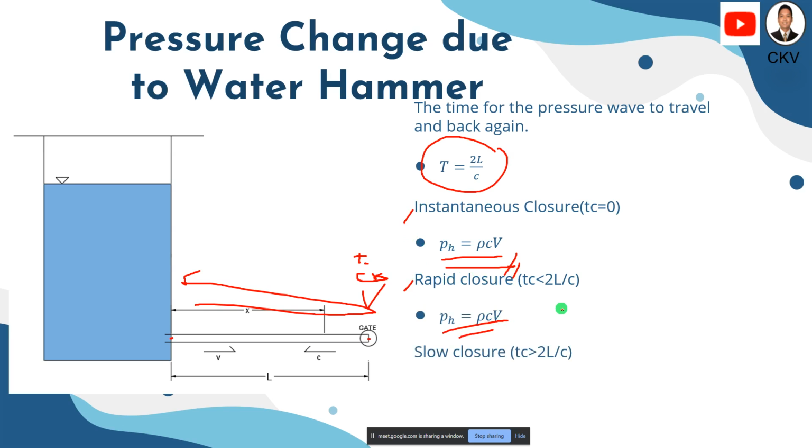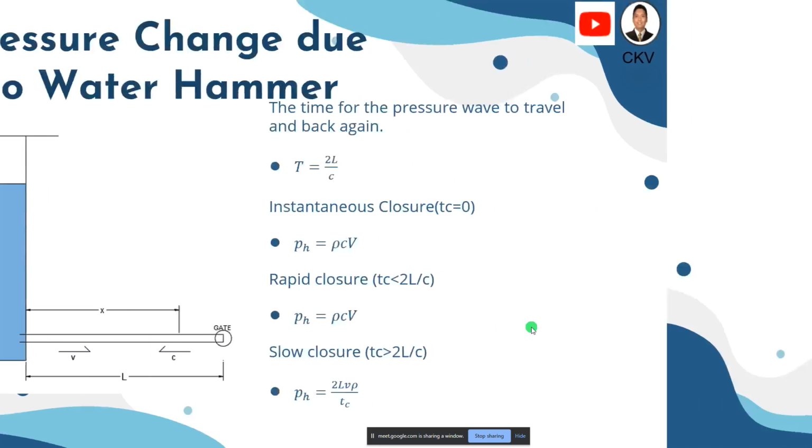But unlike the slow closure, when the time of closure is greater than 2L over C, here is the equivalent solution for the pressure change due to the water hammer, where 2LVρ over the time of closure. So L is the length of the pipe, V is the velocity, and ρ is the mass density of the fluid, and Tc is your time of closure.